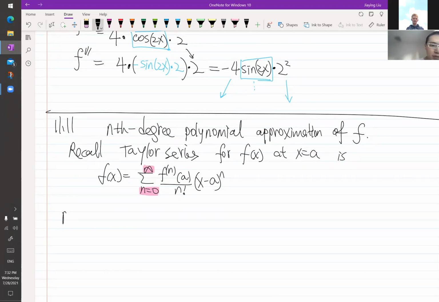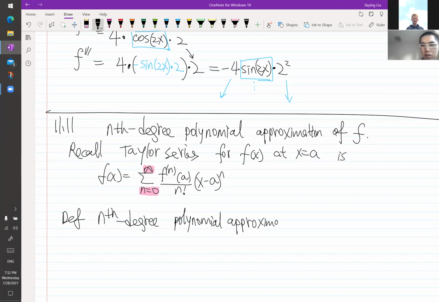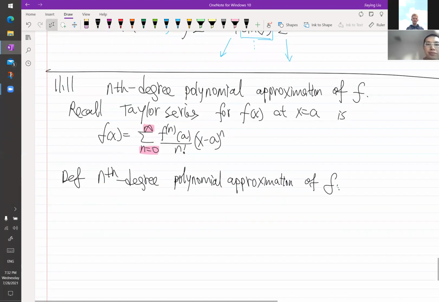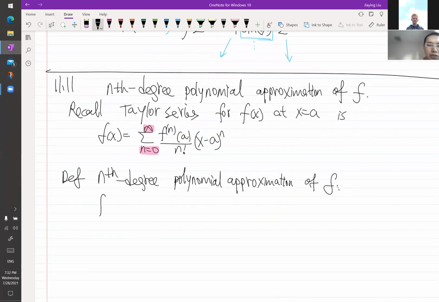So we define the nth degree polynomial approximation of f as T sub n of x equal to sigma.